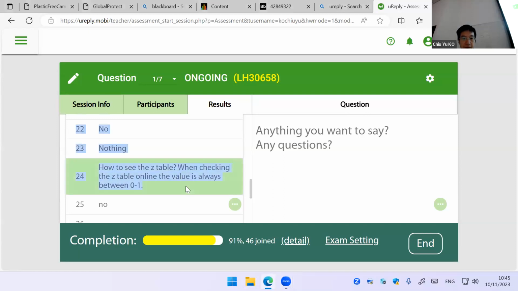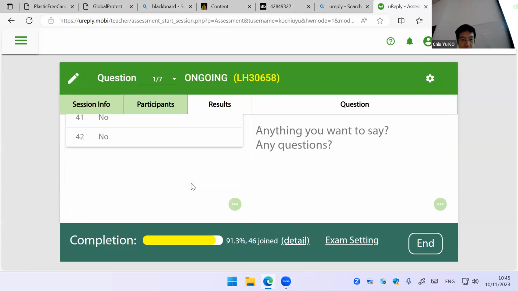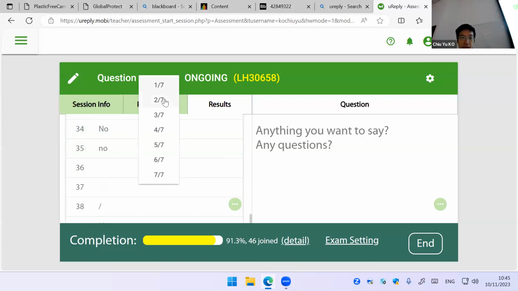You have to be careful about what the T table is: it is the inverse, and we always talk about the area on the left hand side. I hope that is clear. We'll do this again after the two-sided test.